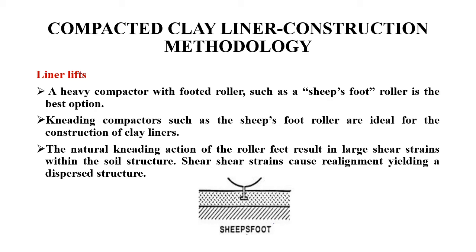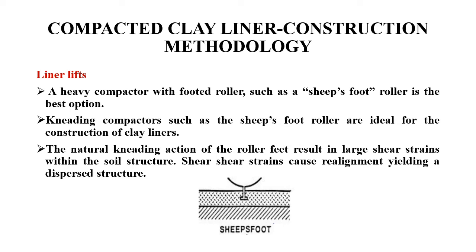Now for clay soils, at the field, if you want to achieve the required compaction, you have to use heavy machinery like rollers. There are different types of rollers which you can use based on the type of soil that you are compacting. For clay soils, what is normally preferred is the sheep's foot roller.